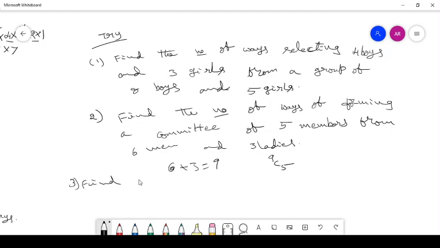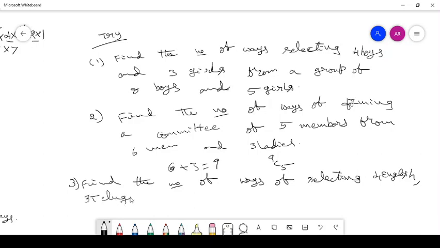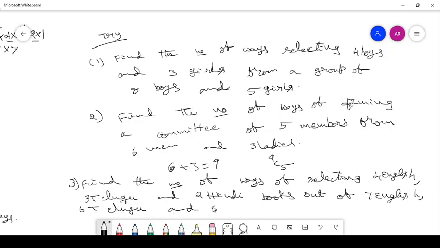Find the number of ways of selecting 4 English, 3 Telugu and 2 Hindi books out of 7 English, 6 Telugu and 5 Hindi books.